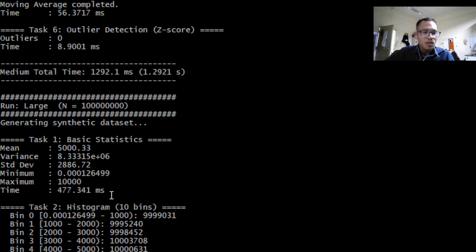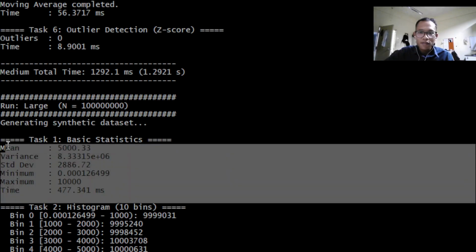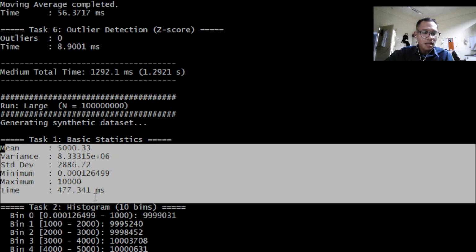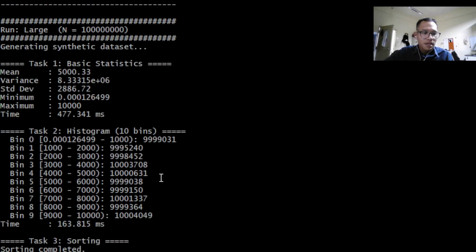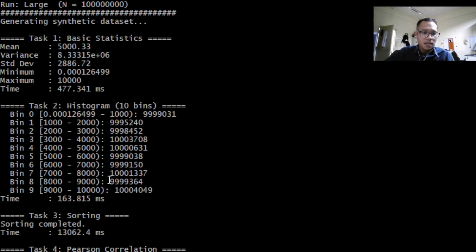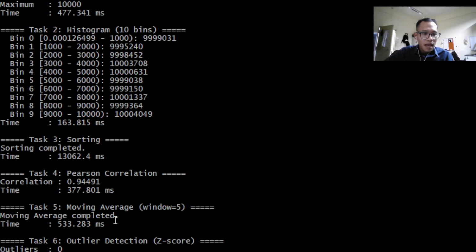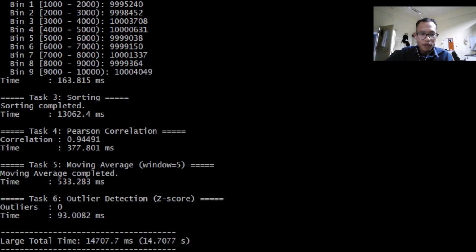The time it took is so much longer than the other two: 477.3 milliseconds, and to generate the histogram, it took 163.8 milliseconds. The total time it took to complete the large dataset is 14,707.7 milliseconds.